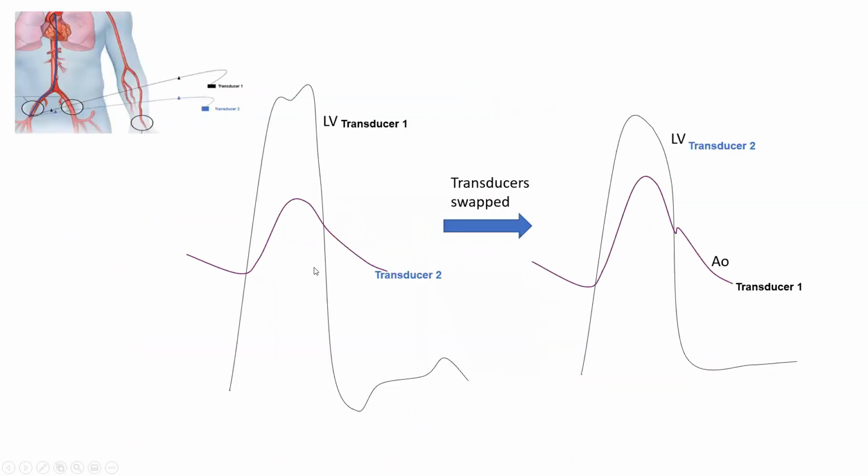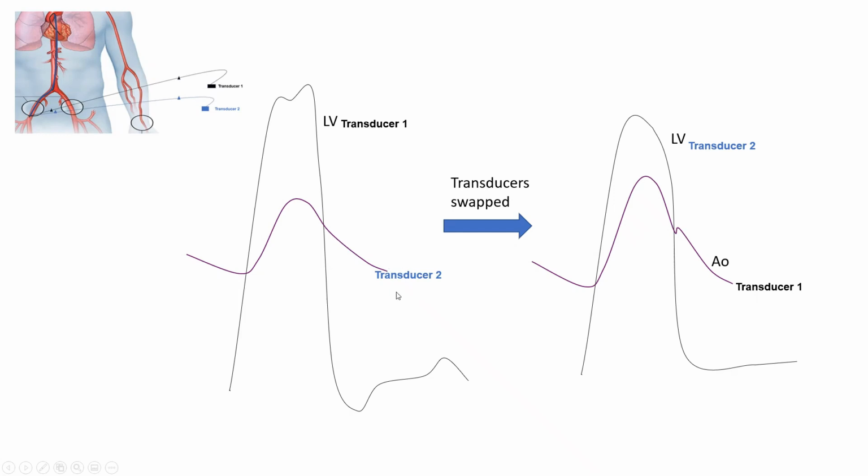Now, let's say you did that and the pressure is still looking like this. Here you have 2 tips to show you whether the tracing is acceptable or not. You swap both transducers. Normally, the LV you connect to transducer 2, and the aorta you connect to transducer 1. Normally, when you swap transducers, you should obtain the exact same recording.